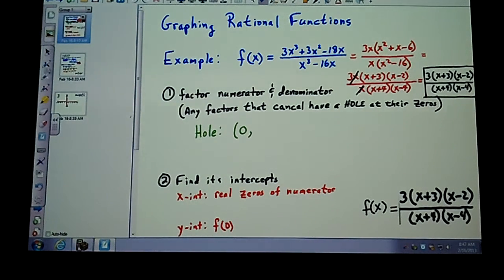Now, if we plug 0 into the simplified one, we would actually get on top 3 times negative 2, which is negative 6, times 3 is negative 18 on top. And on the bottom, I believe we would get negative 16.